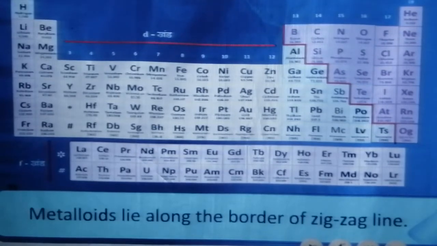The elements that show the properties of metals as well as non-metals are called metalloids. So three types: this is the metals, this is the non-metals and this is the metalloids.